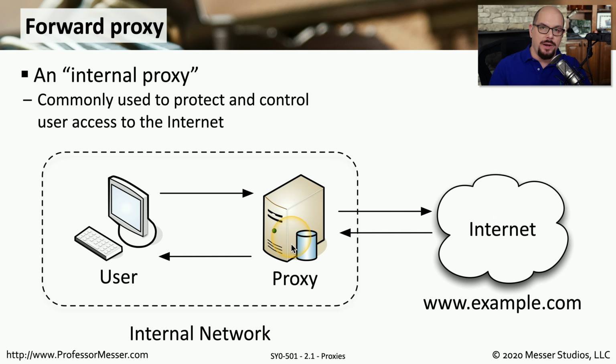The proxy evaluates the response, makes sure that the information is secure, there's no type of exploit, there's nothing malicious inside of it, and if everything checks out, it sends that response to the user. In this process, you can see the user is communicating to the proxy, which is communicating to the web server on the internet, but the user is never able to directly connect and communicate to those services on the internet.